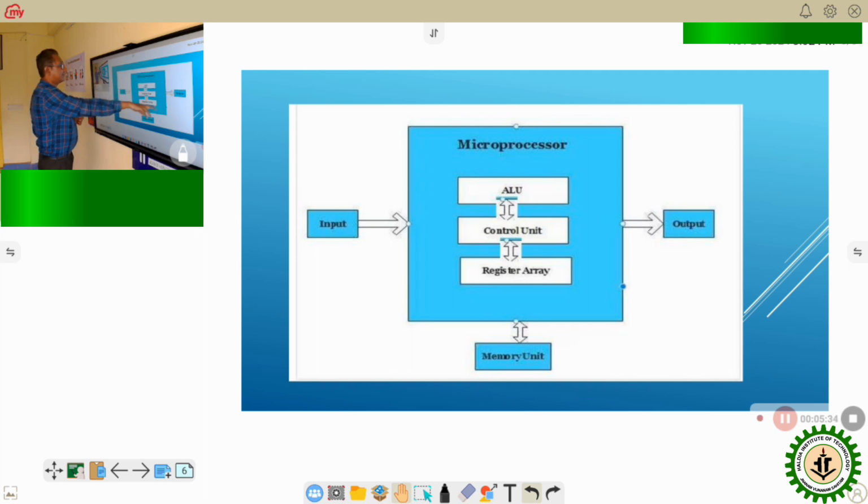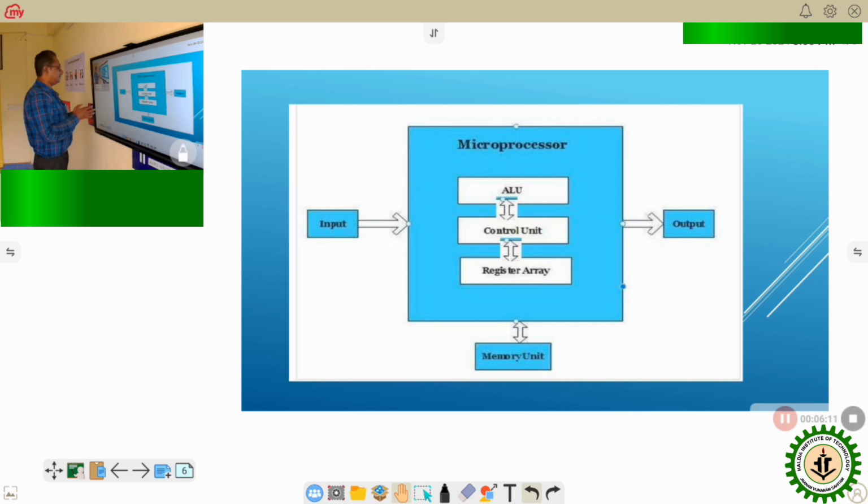This portion is the CPU portion, where one part is the ALU, one part is the control unit, and one part is the register array. This is the input portion, this is the output portion, this is a unidirectional arrow, and this is bidirectional. That means the microprocessor can communicate with memory in a bidirectional way.